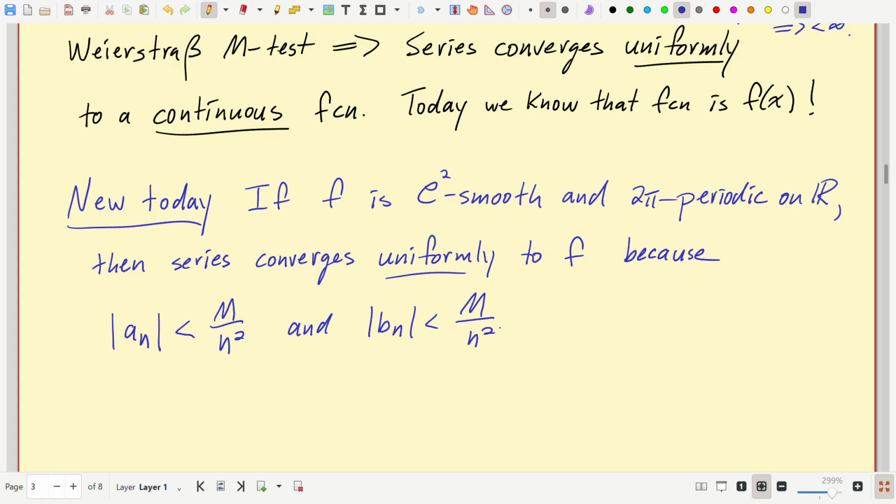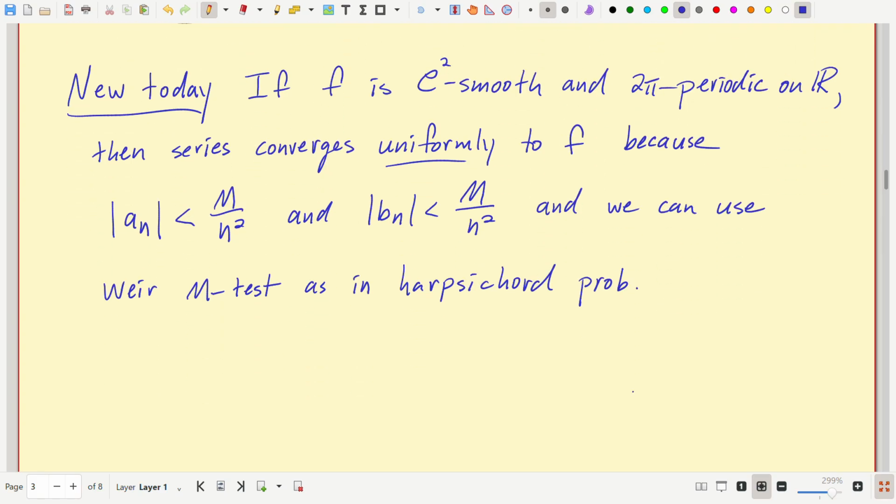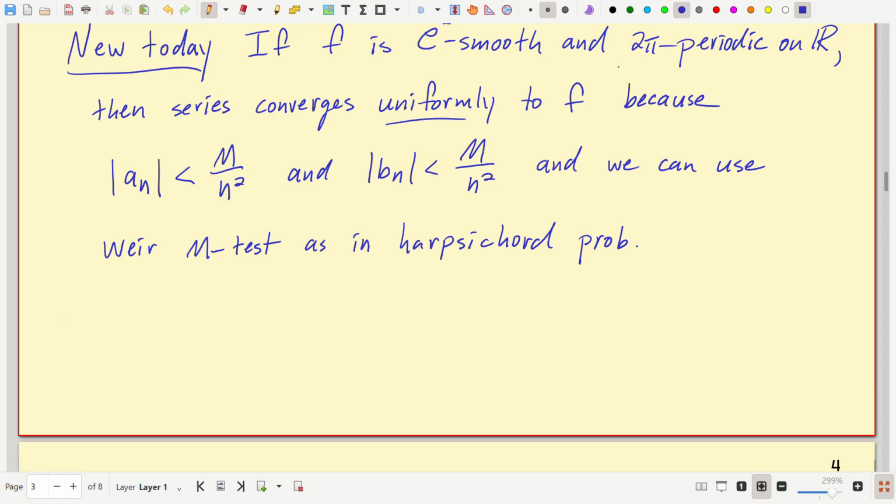And so the Weierstrass M test applies as above, as in the harpsichord problem. Okay, that's what I'm going to show you. And this turns out to be very straightforward.